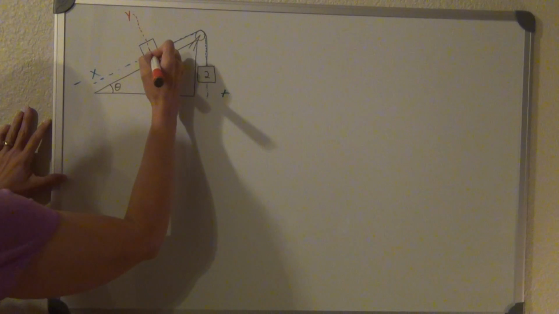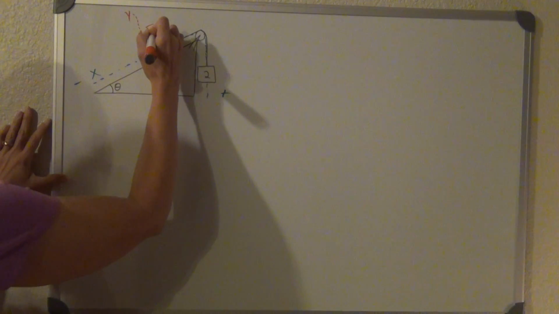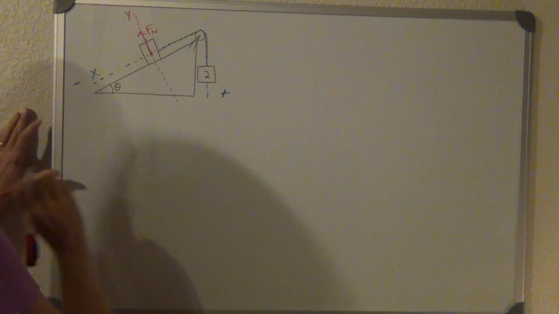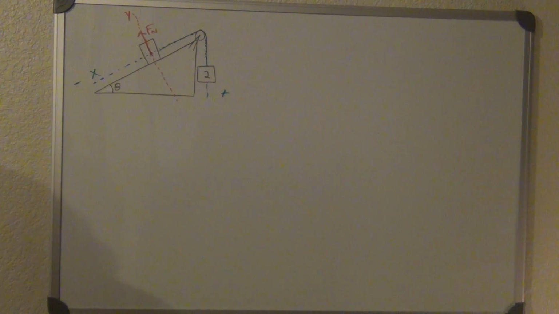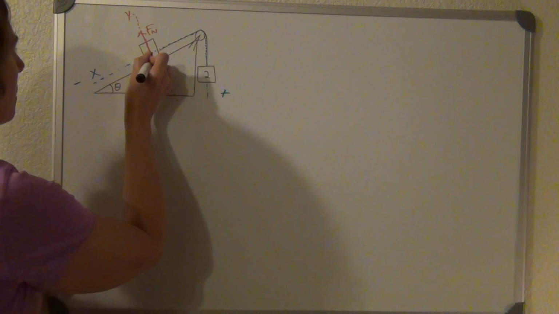For object 1, mass 1, we have normal force pushing up. We have the force of gravity pulling it straight down.